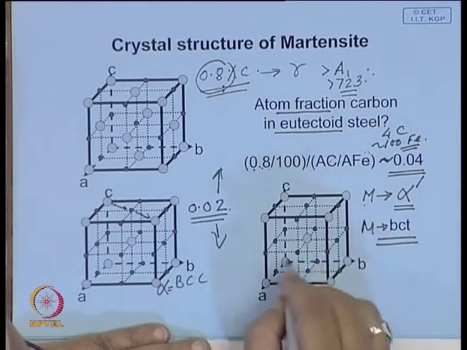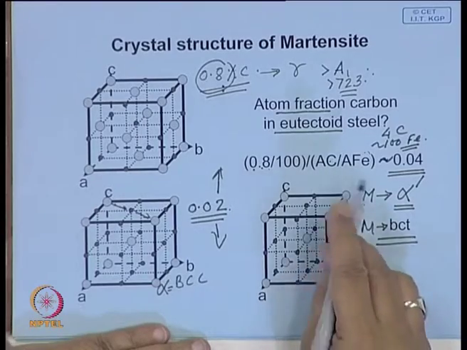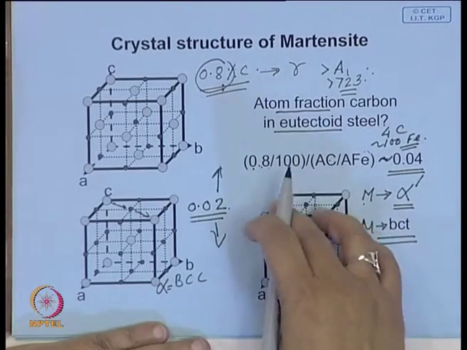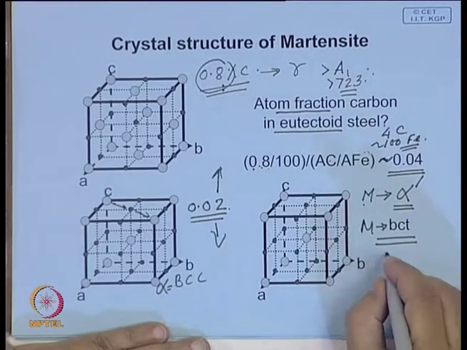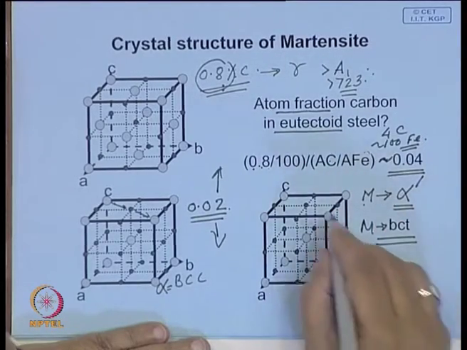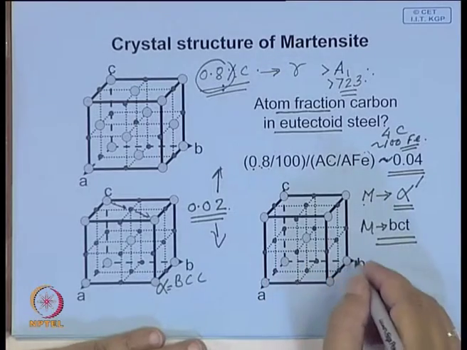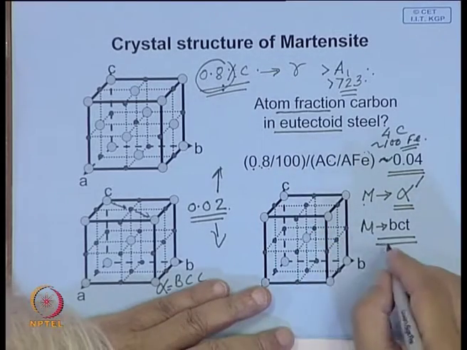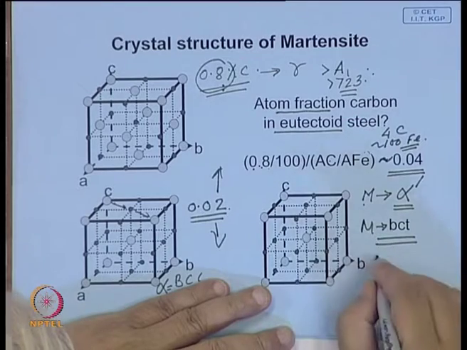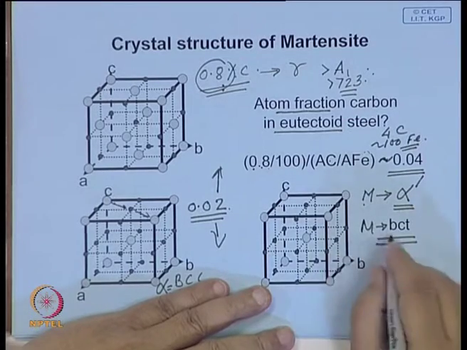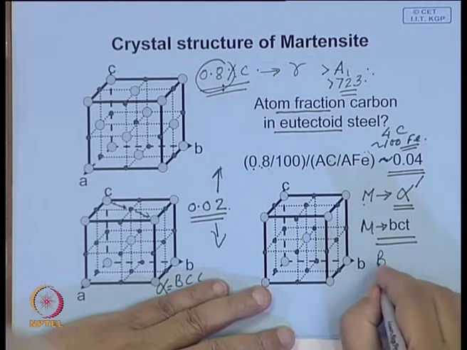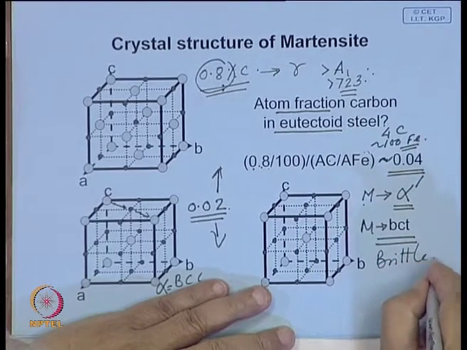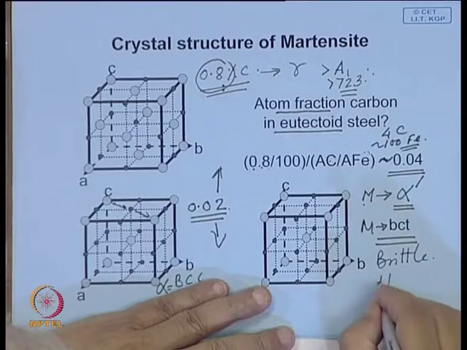Since you have kept so many carbon atoms by force, the lattice will be highly distorted, highly strained, and these carbon atoms will inhibit movement of dislocation, and that is why this microstructure is extremely hard, and with this hardness it becomes brittle as well. It is hard and brittle.